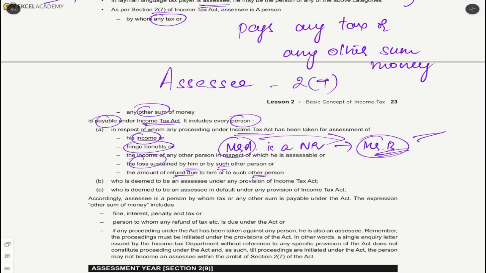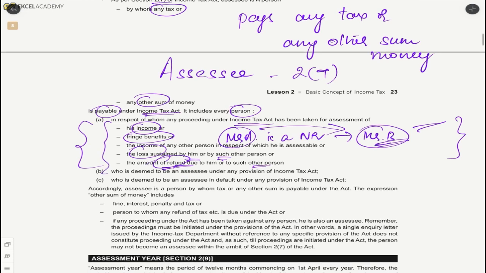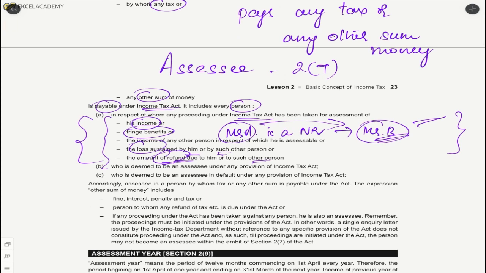So if there is any proceeding with regard to the refund due, let's say there is an assessee who has claimed huge amounts of refund, and if the income tax department suspects such return, then they might initiate proceedings. In all these cases, even though you haven't paid tax, or even if you have paid tax, then anyway you will become the assessee. And who is deemed to be an assessee under any provision of the Income Tax Act.